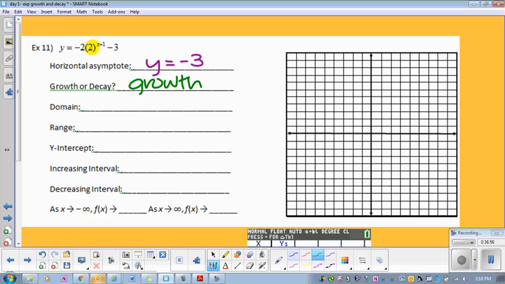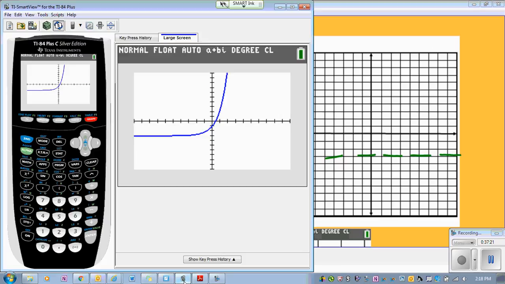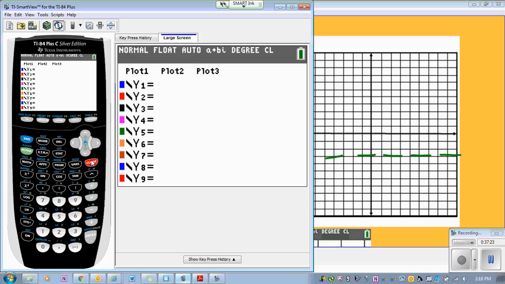So now domain: -infinity to infinity, because all of my exponentials. Okay, well then now let's graph. -3 is where my asymptote goes. Now, let's put this into the calculator. Guys, you have to be careful when you put these into the calculator. You've got to make sure that they look just like the problem.